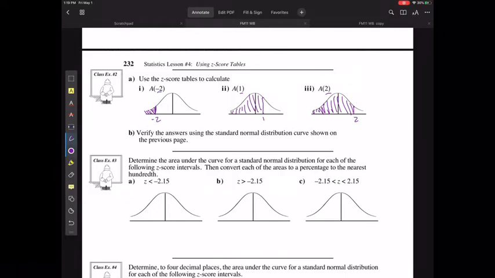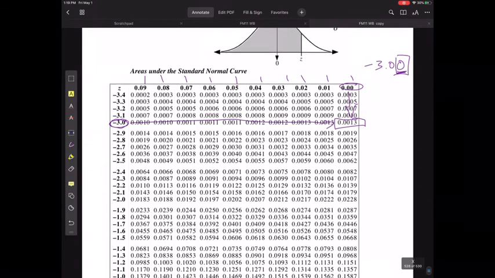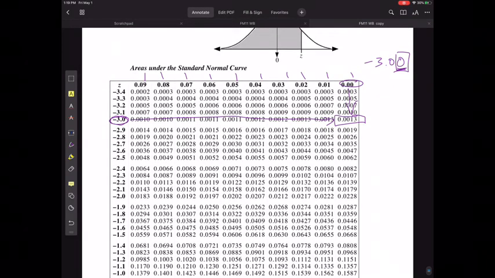So remember that this would be for a z-score of -2.00, this would be for +1.00, and this would be for +2.00. I'm going to jump over to my z-scores. The first one it wanted was -2.00.